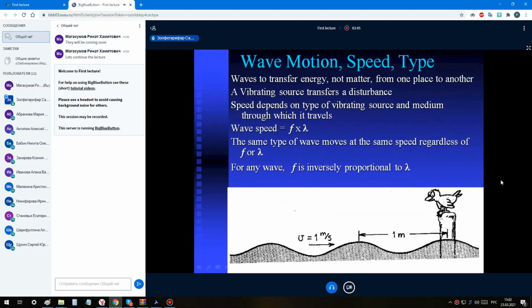The wave speed equals frequency times lambda, the wavelength. The same type of wave moves at the same speed regardless of frequency and lambda. For any wave, f is inversely proportional to lambda.